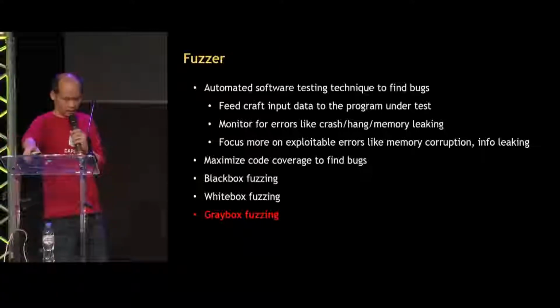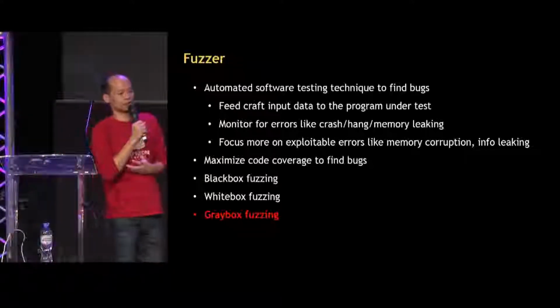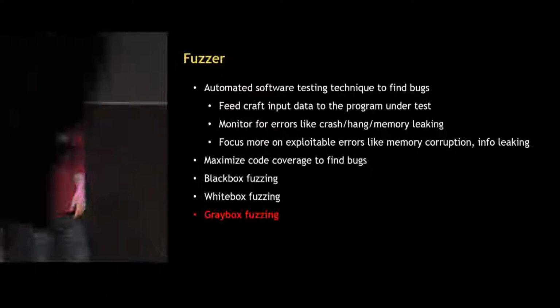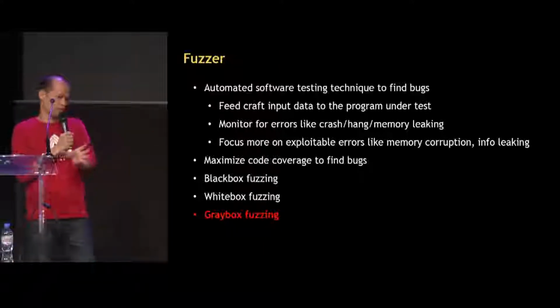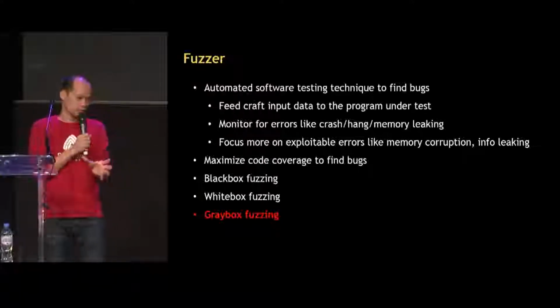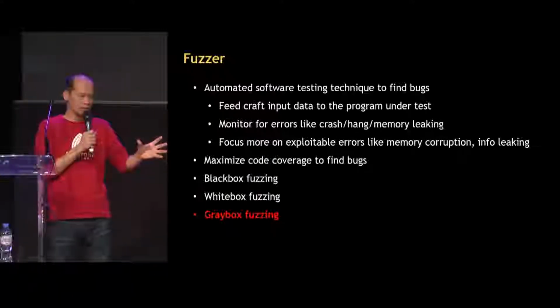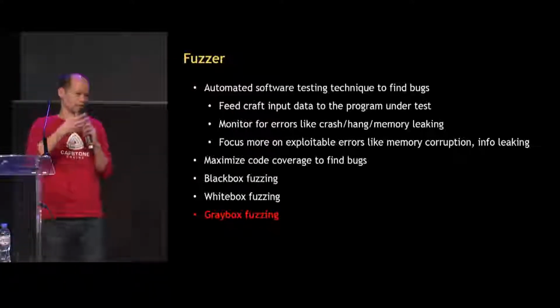Okay, so a bit about the background of guided fuzzers. A fuzzer is an automated software testing technique, so you can find bugs automatically. The idea is that you have a program that you want to find bugs in. So you build a fuzzer, and you run this program inside the fuzzer. The fuzzer feeds the crafted input to this program, and the program runs this input.